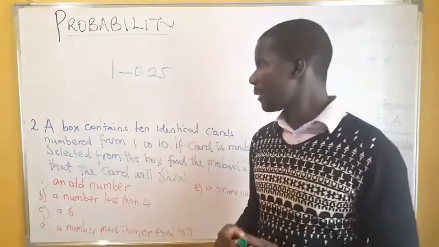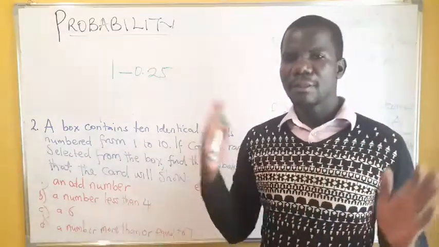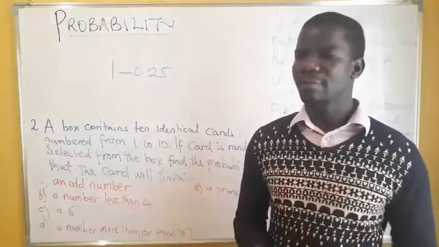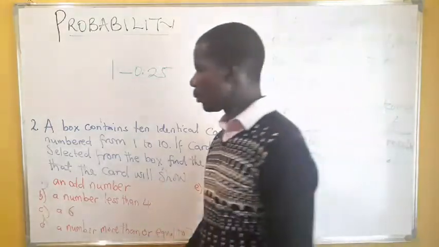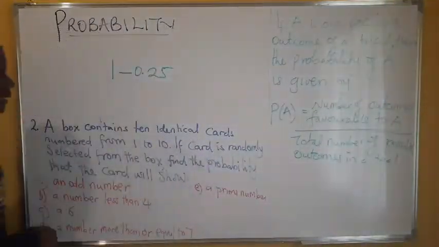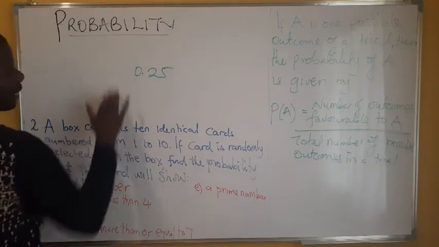So what is the probability of failing? The two probabilities, when we add them together, should give us 1. So given one probability, we ought to subtract it from the total, which is 1. You should be able to do this, because this is paper 1 where you are not given a calculator.